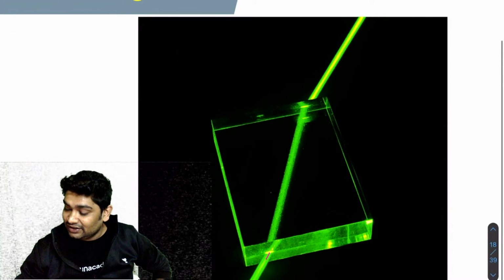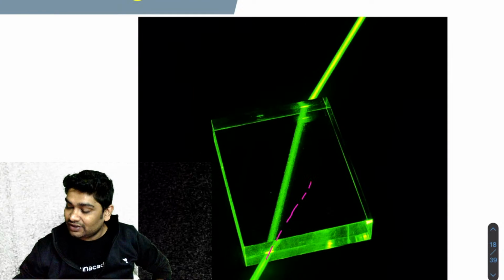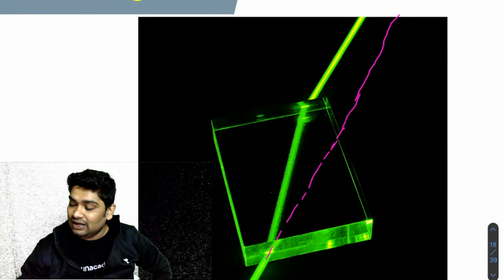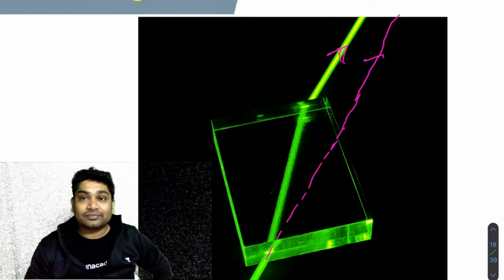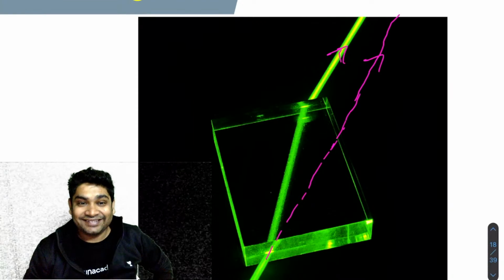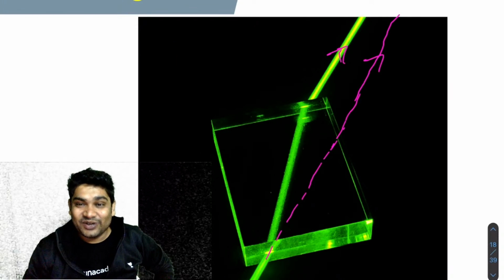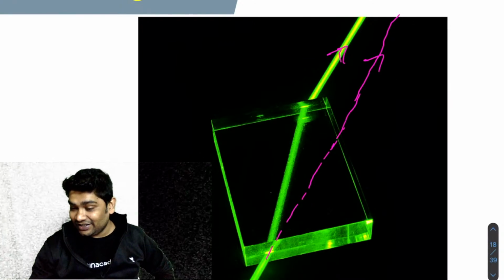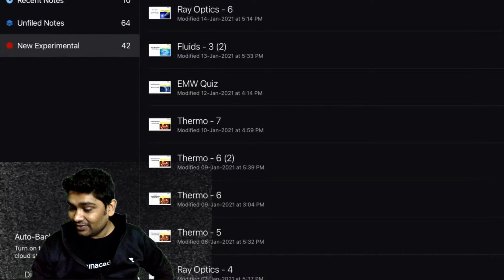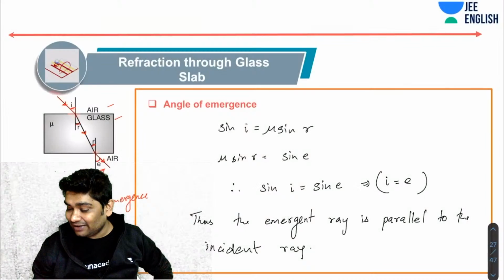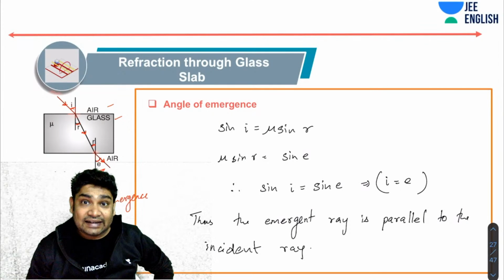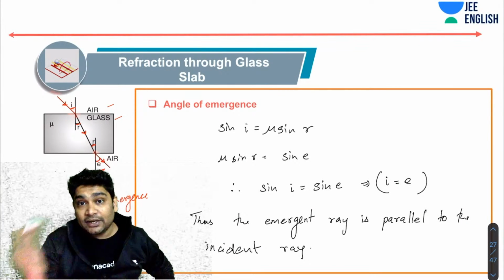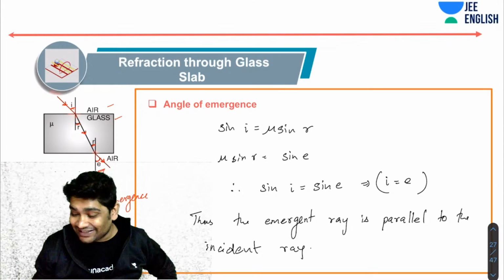If you extend this way, you will realize this and this are parallel to each other. That's the first fact that I could establish about refraction through a glass slab, that the emergent ray is always parallel to the incident ray.